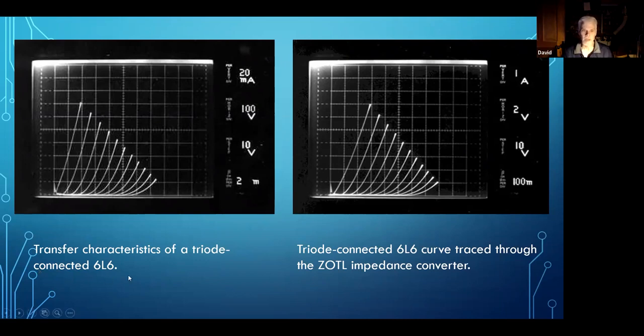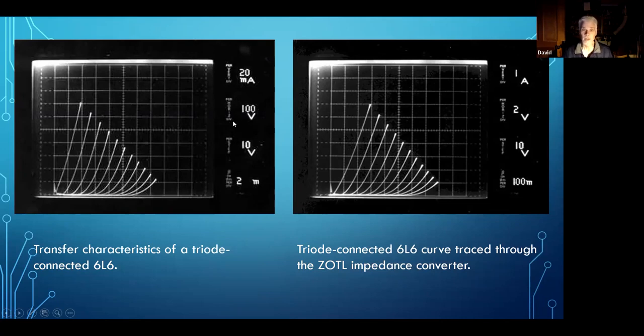for this graph, I did the transfer characteristics of a triode connected 6L6. And so the way this is displayed, per vertical division you see the plate current, 20 milliamps per division here.